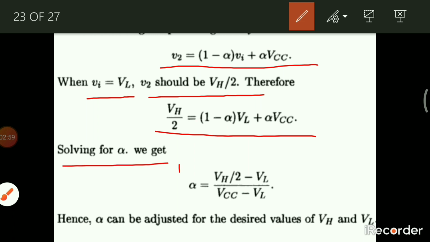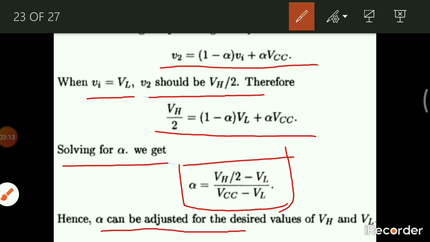And by solving the equation, we'll get the alpha value: alpha is equal to VH by 2 minus VL divided by VCC minus VL. So this is how to find out alpha. By using alpha, we can adjust the desired values of VH and VL. So with timer 555, one advantage is that we can adjust the desired values of VH and VL.